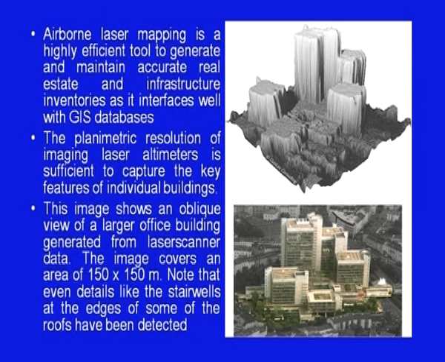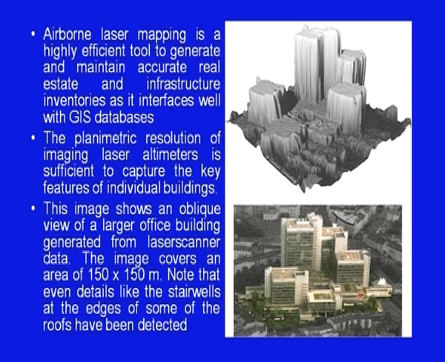Airborne laser mapping is a highly efficient tool to generate and maintain accurate real estate and infrastructure inventories, as it interfaces well with GIS databases. The planimetric resolution of imaging laser altimeters is sufficient to capture the key features of individual buildings.